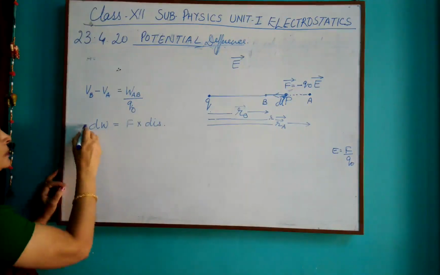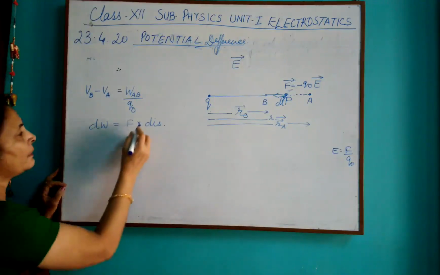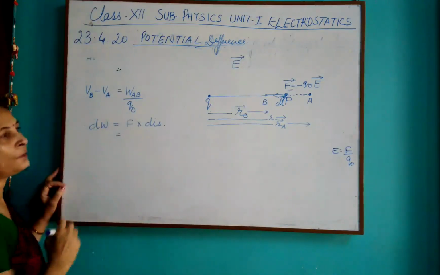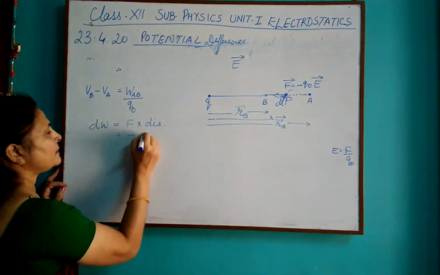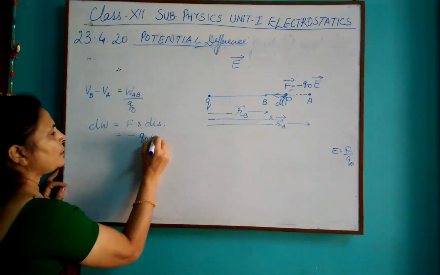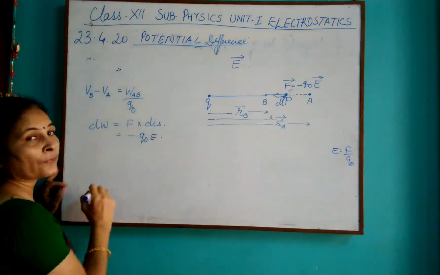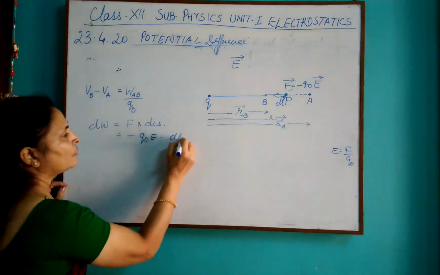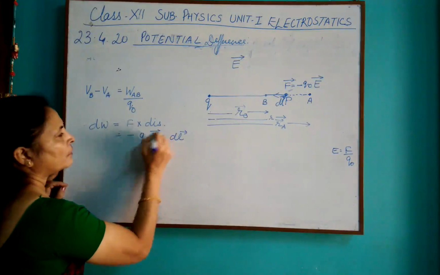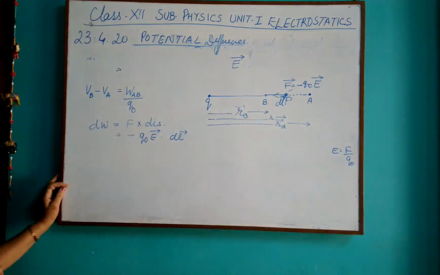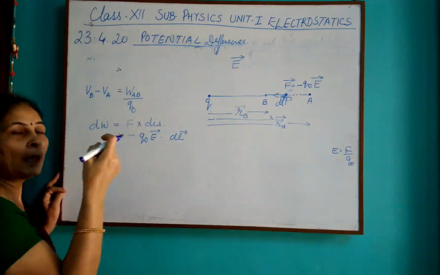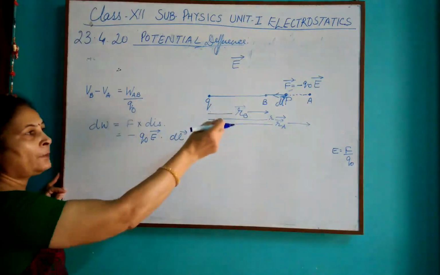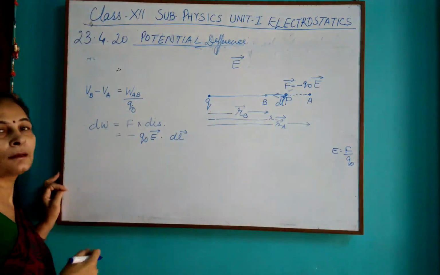See, work is a scalar quantity. Force into displacement. So what is force? Minus Q naught E into dl. This is the force being applied to the charge Q naught at point P to move towards B.